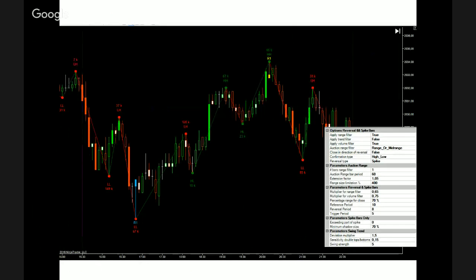There's a lot more going on in the background here than just defining the higher time frame ranges and the high, low, and the close of the primary bar series. For example, we also look at the significance of the range and volume as compared to the previous bars in the reference period.